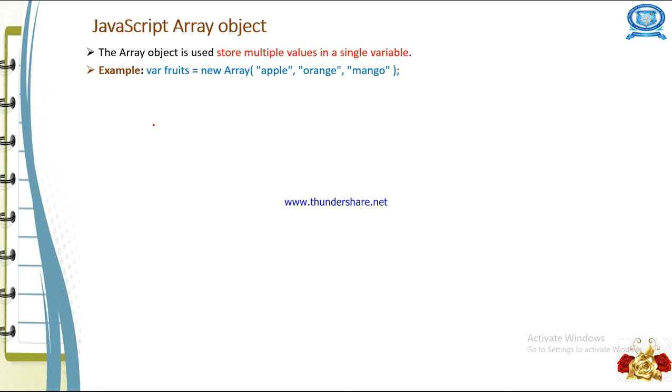For example, var fruits = new Array(), with values such as apple, orange, mango, etc.